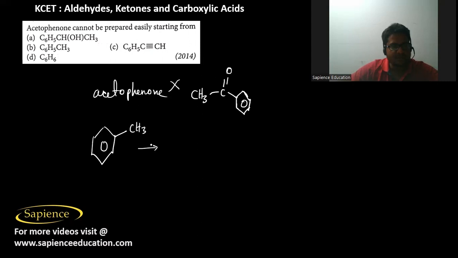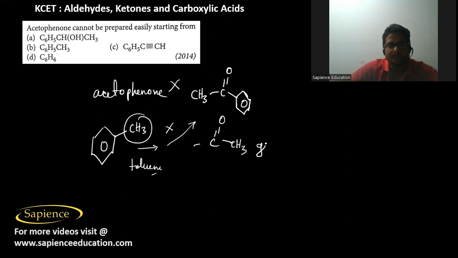As the CH3 group cannot be easily converted okay. So from toluene we can't obtain this acetophenone, since here the CH3 group can't be easily converted to the COCH3 group.